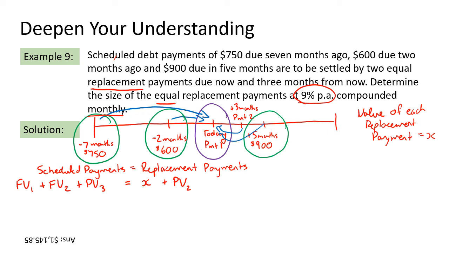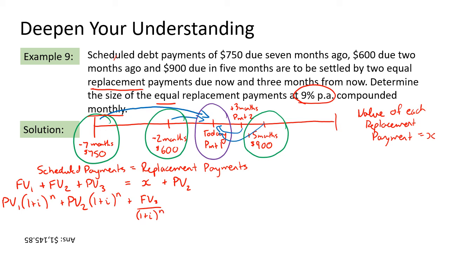Okay? So I'm going to just substitute the formulas in for this. So future value 1, that's equal to the present value at time 1, all right, multiplied by 1 plus the periodic interest rate to the exponent n, plus the present value for payment number 2 times 1 plus the periodic interest rate to the exponent n, plus our third payment, which is a present value calculation, and that's equal to the future value of that payment 3 divided by 1 plus the periodic interest rate to the exponent n.